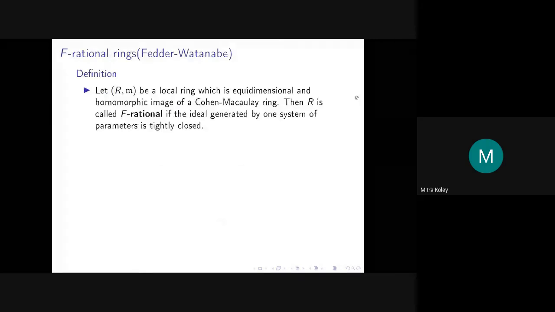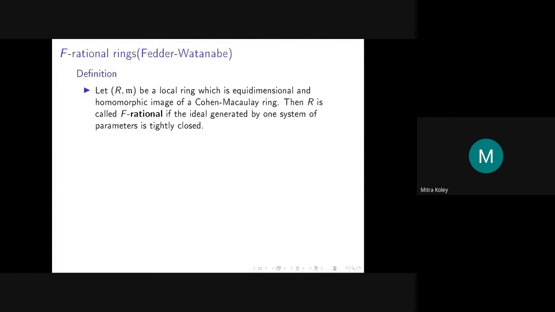Last time I defined F-rational rings for an arbitrary ring. But in this talk, we will be mostly concerned with domains that are homomorphic images of a Cohen-Macaulay ring, so we'll define F-rationality only for those rings. Let (R, m) be a local ring which is equidimensional and a homomorphic image of a Cohen-Macaulay ring.